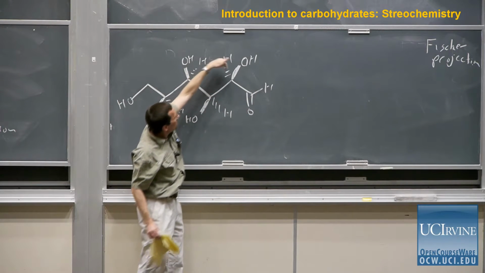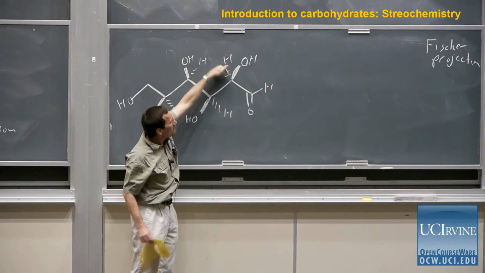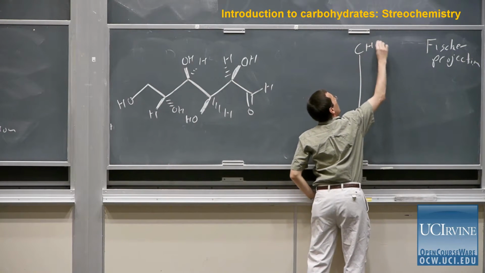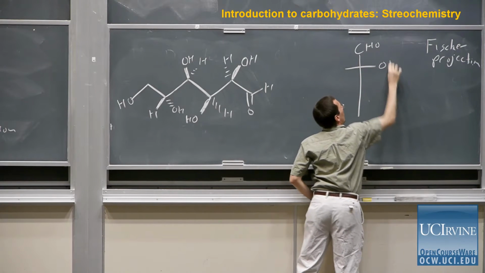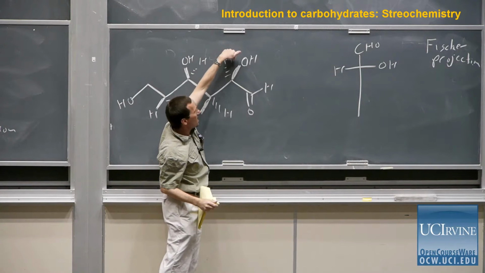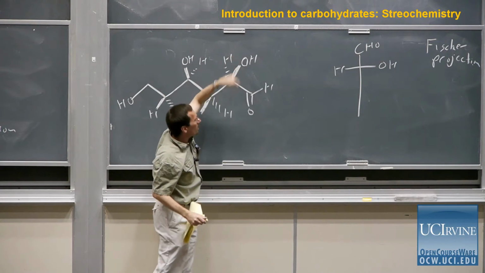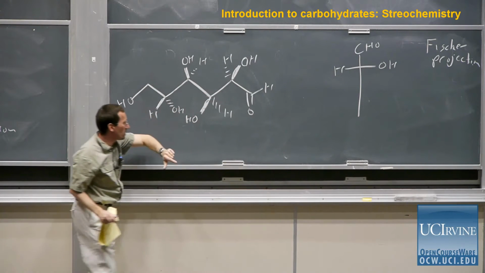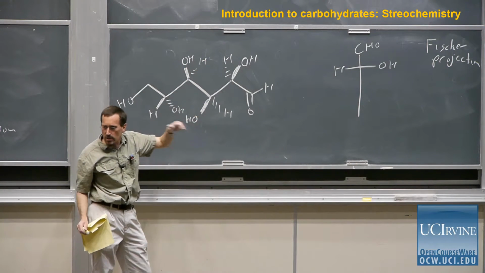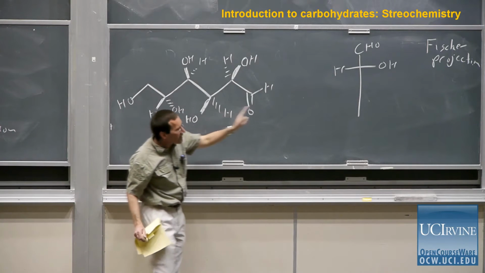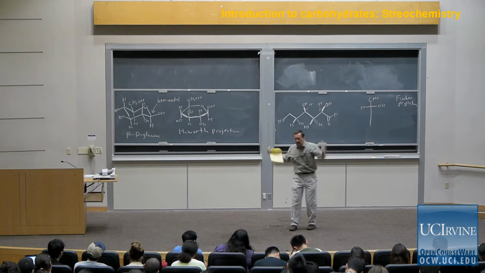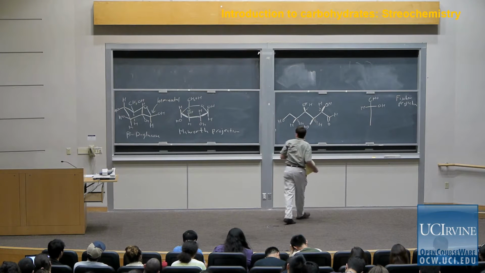And now we're going to look down this way so you can sort of see, as we do this, we're going to get CHO here. And then OH and H, we're basically sighting down this position here. I'm going to help you out with this some more in just a moment. But the key thing in the Fischer projection is we're basically wrapping the molecule on itself.